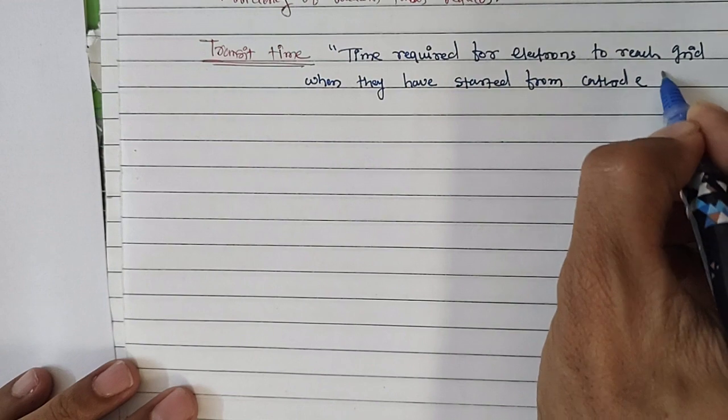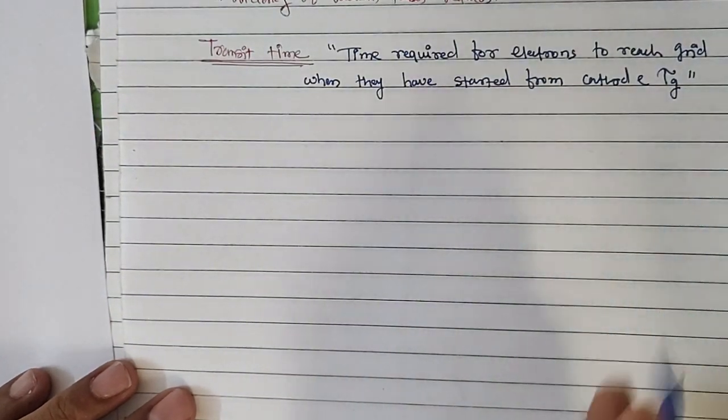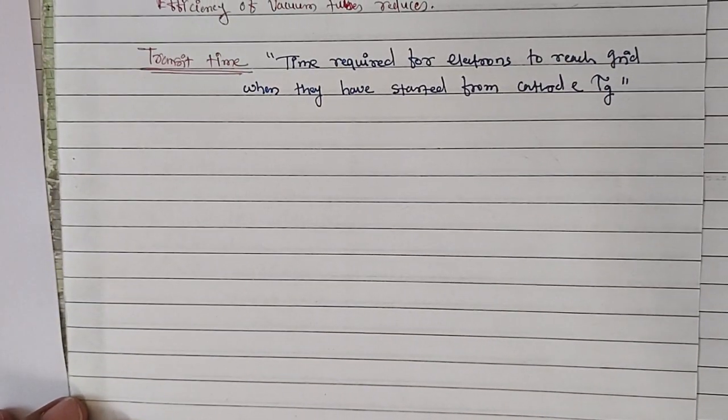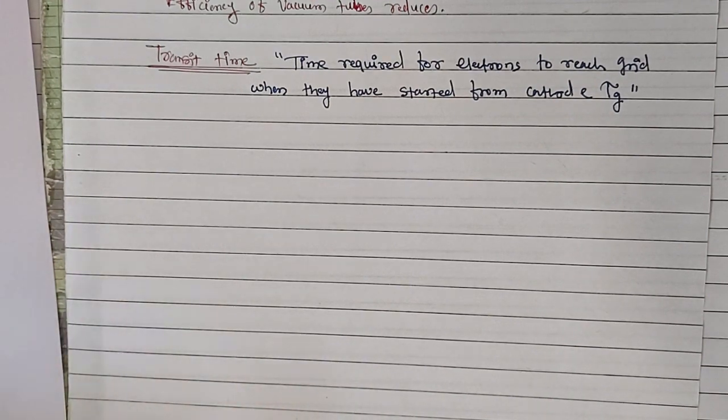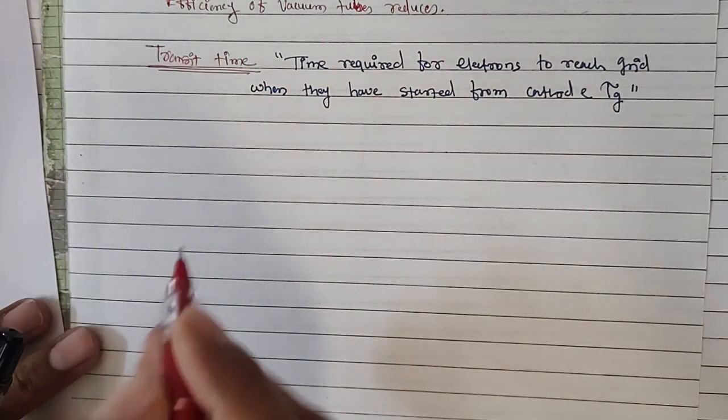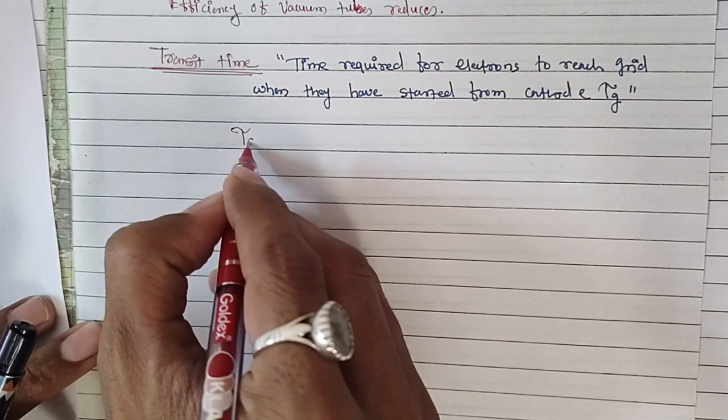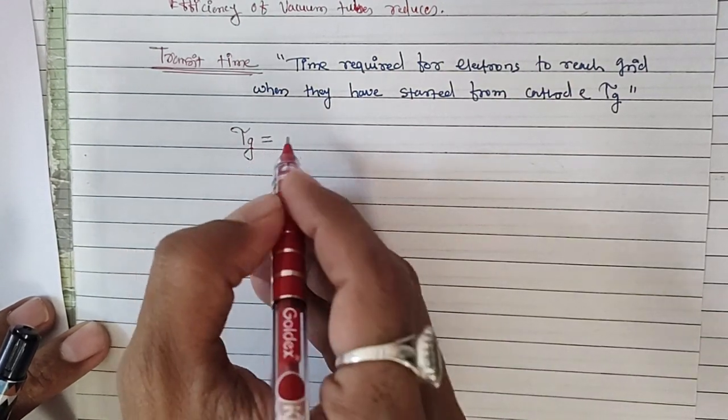It is denoted by tau g. G stands for gap.